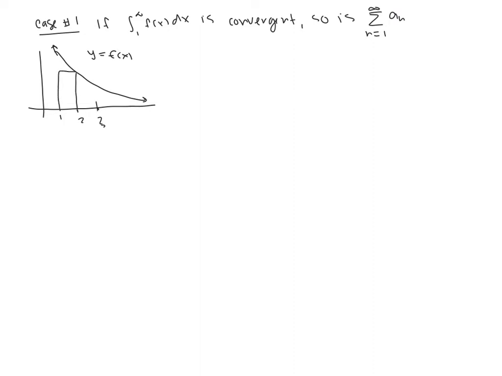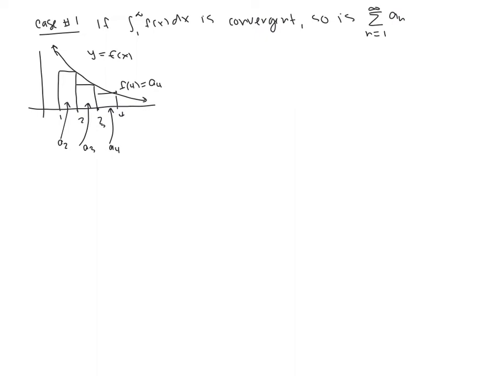We do a right estimate. Now the area of this box will be a2, the second term. This one will be a3, the third term. The next box will have area a4. Remember, the reason is that when you plug in 4, the y value here is f of 4, which we've assumed equals the fourth term that we're summing up.